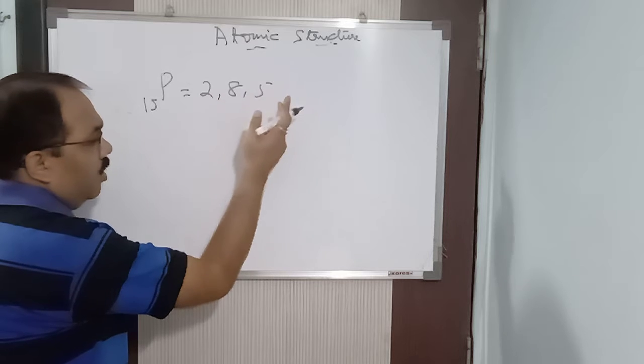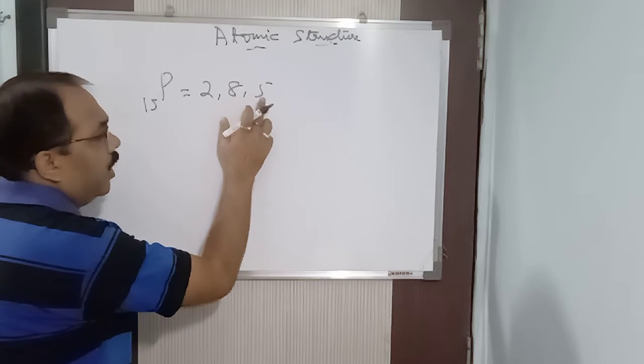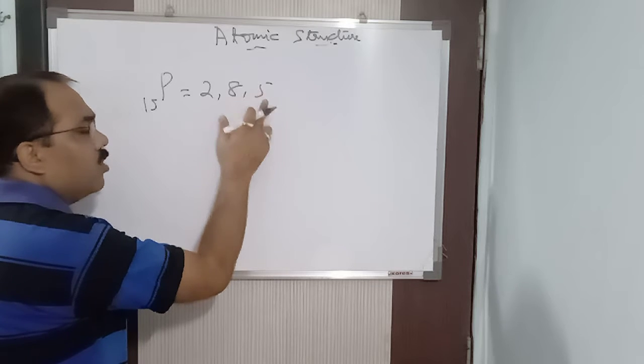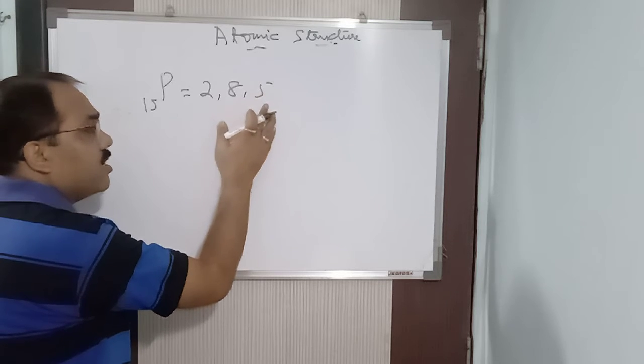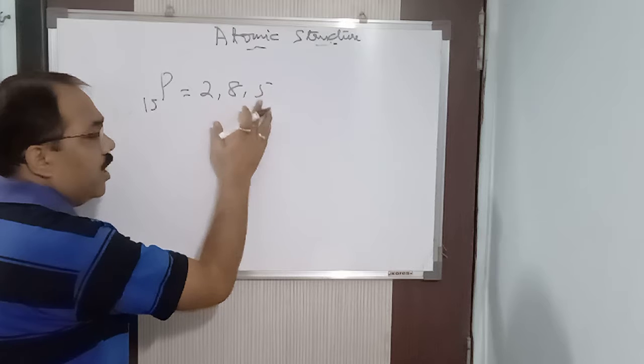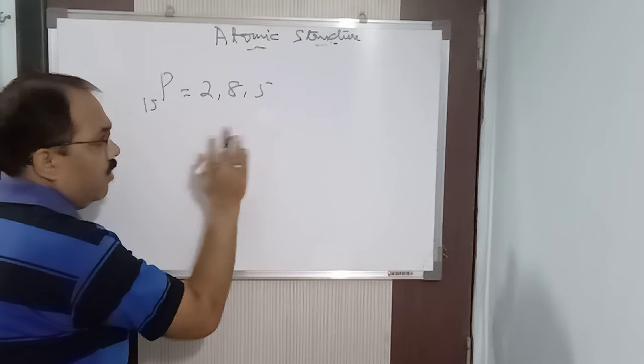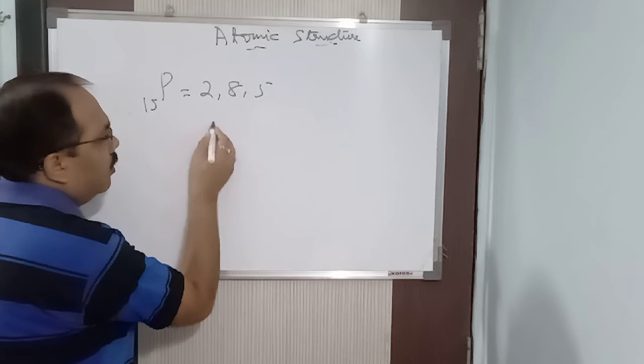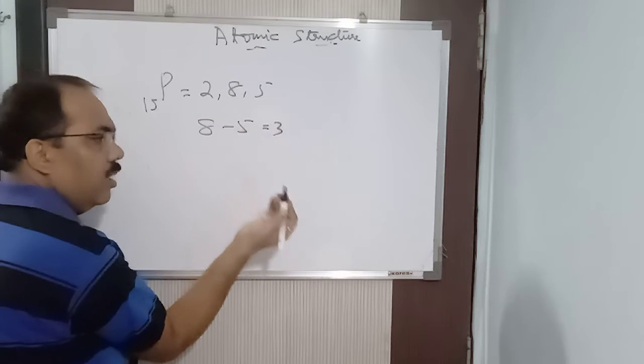But if it has more than one shell, it will be an octet. So here it will have an octet structure if it wants to become stable. Octet means there have to be 8 electrons in the outermost shell. So to become 8, how many electrons are required? Subtract it. 8 minus 5, 3.